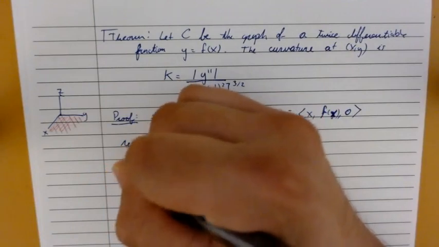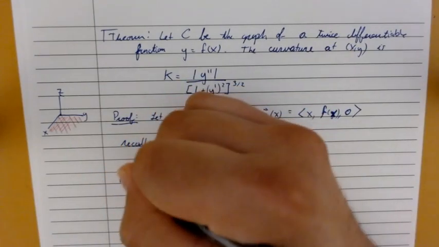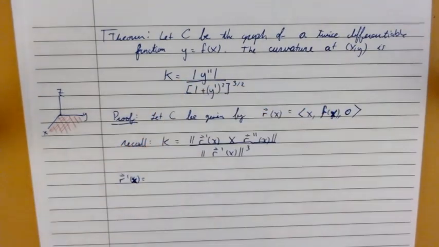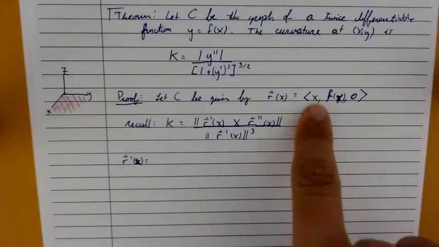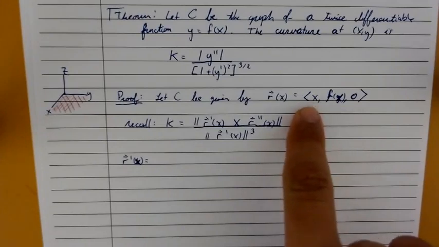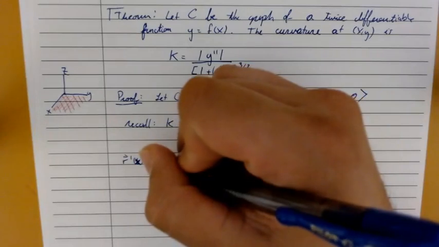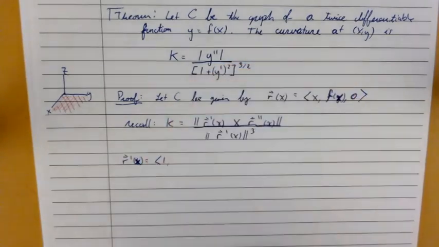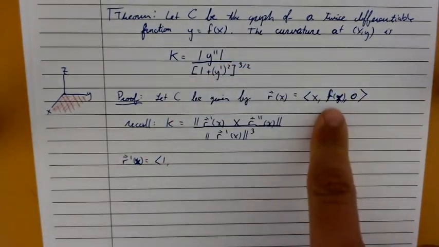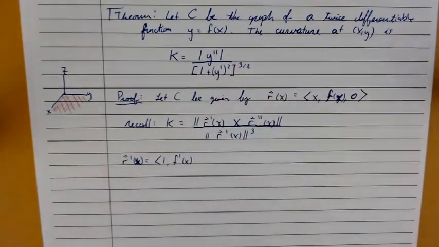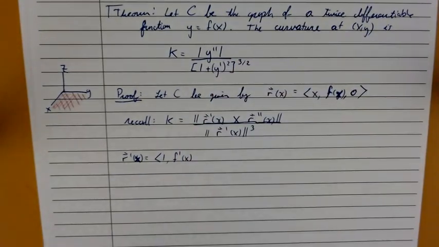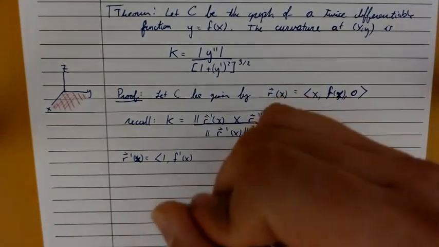R prime of x is going to be, well, the derivative with respect to x of x is just 1. The derivative with respect to x of f of x is df dx, or I think I'll save a little space by using Newtonian notation, f prime of x. And the derivative of 0 is, well, it's 0.